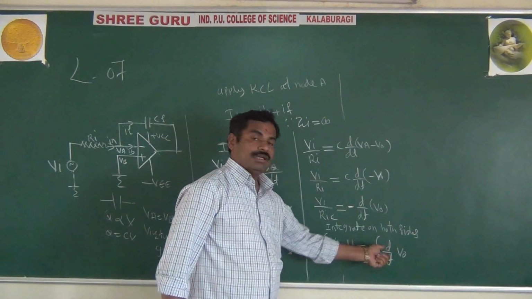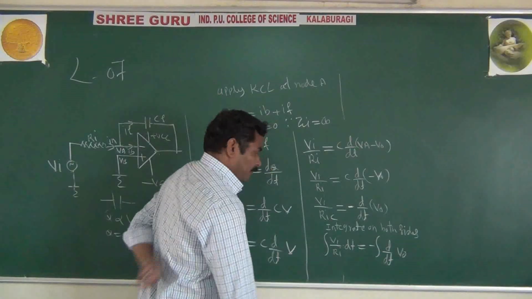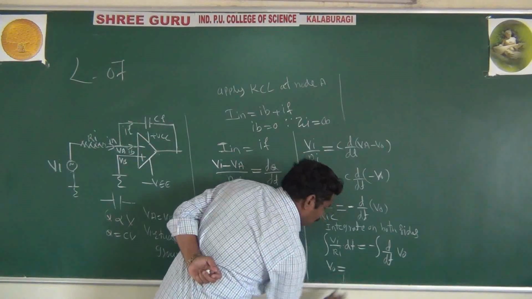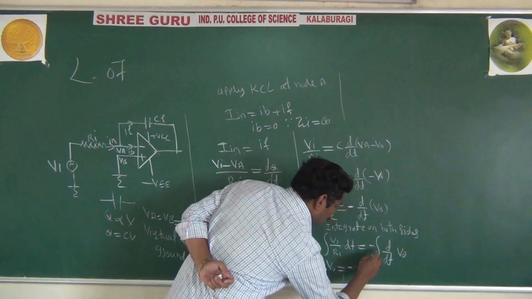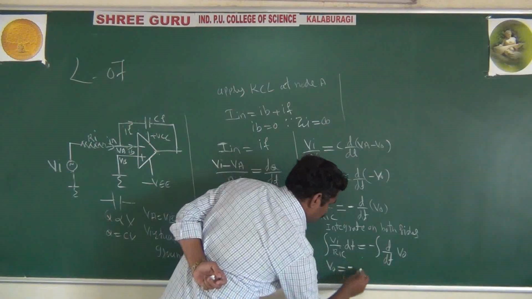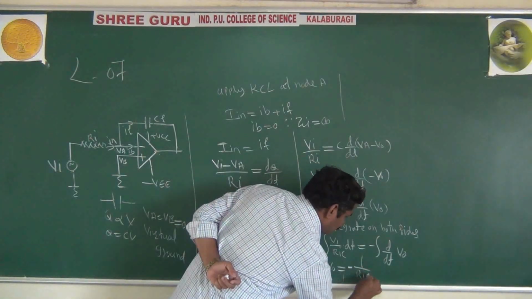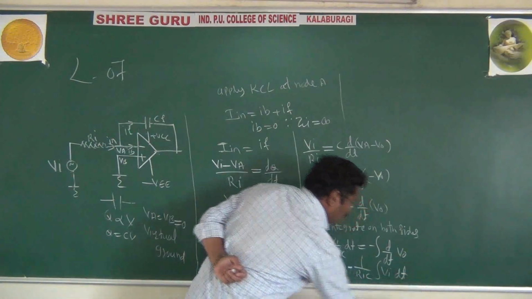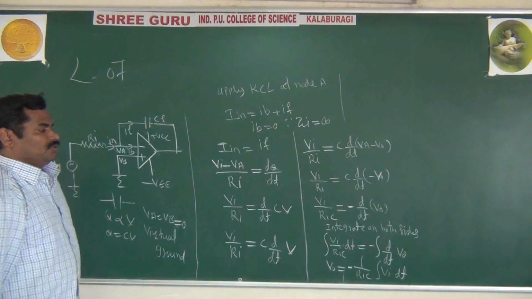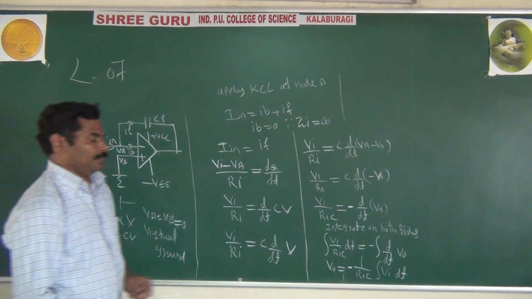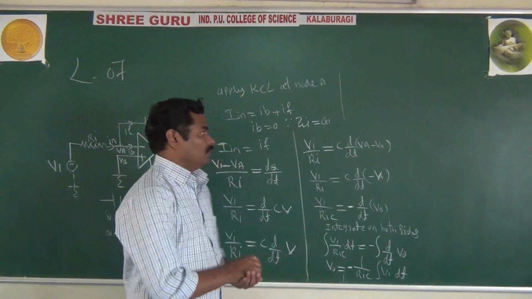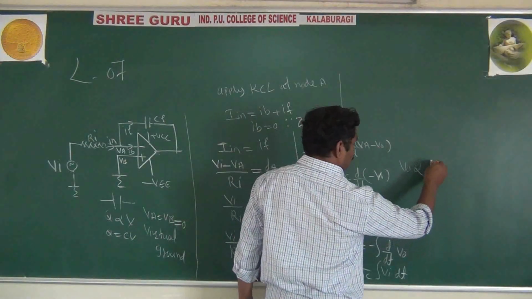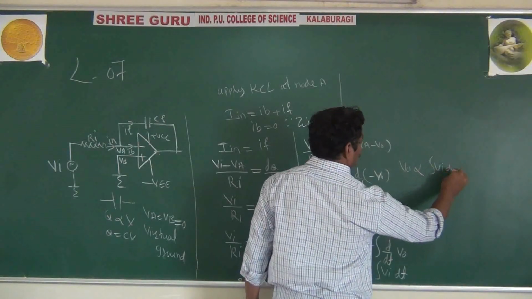You get V naught equal to minus 1 by RiC into the integration of Vi dt.